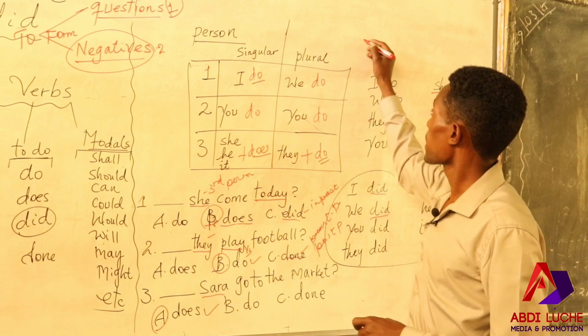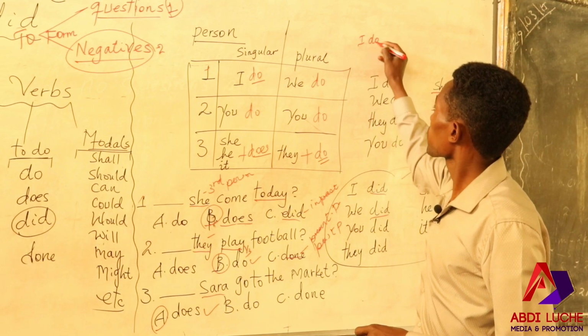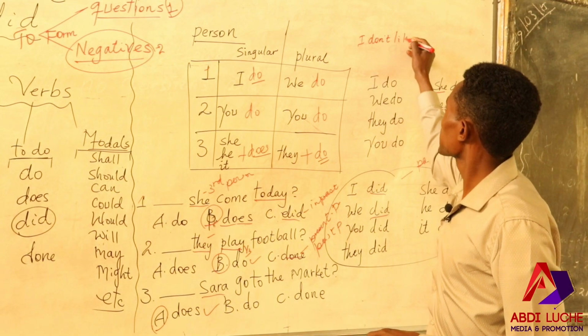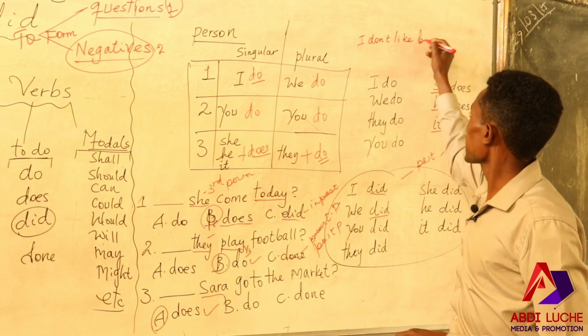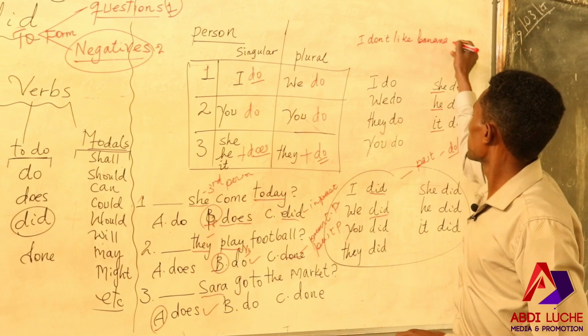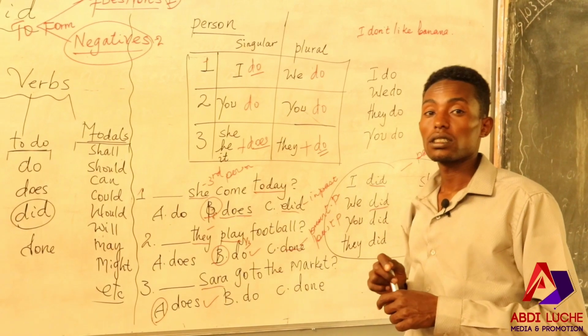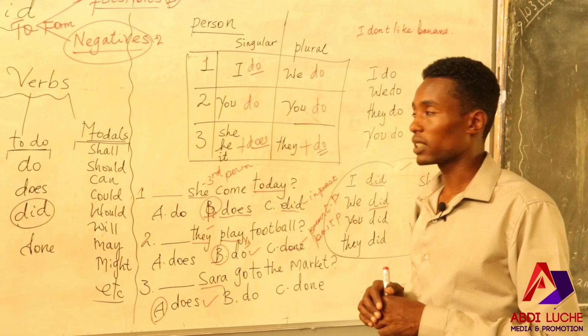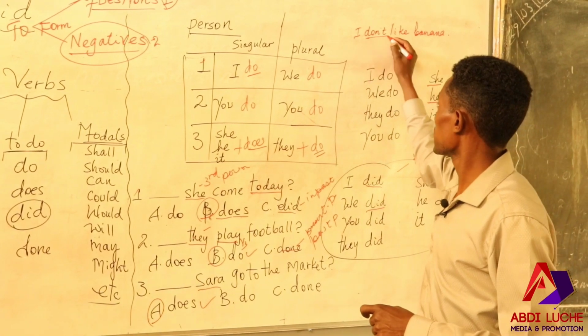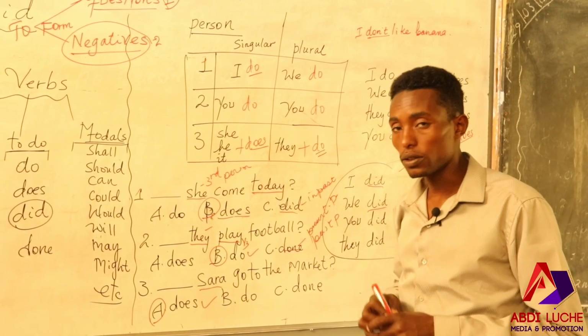For instance, I don't like banana. Full stop. This is a negative statement, a negative sentence, because we have here the negative form don't.